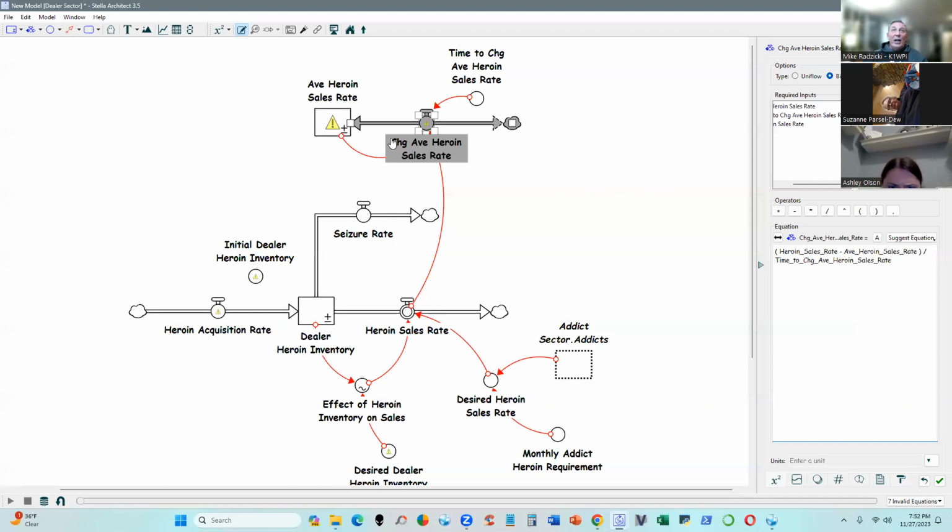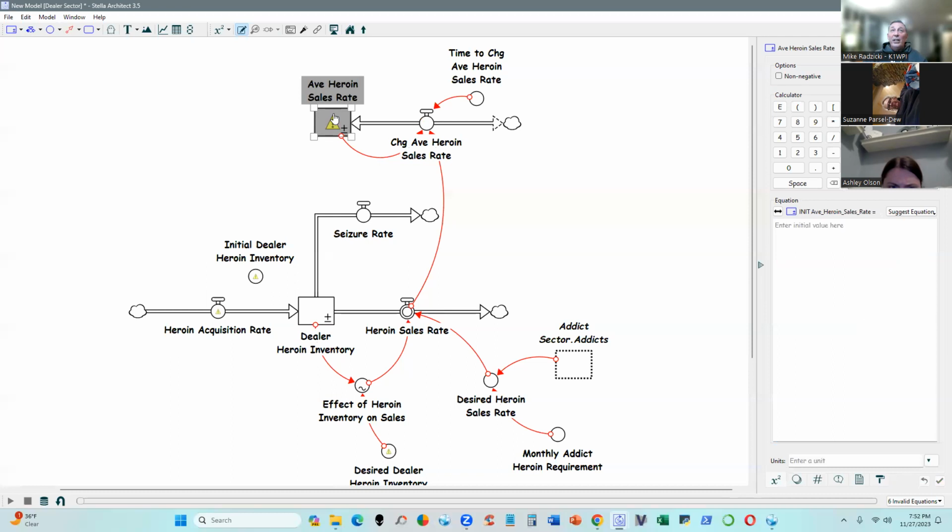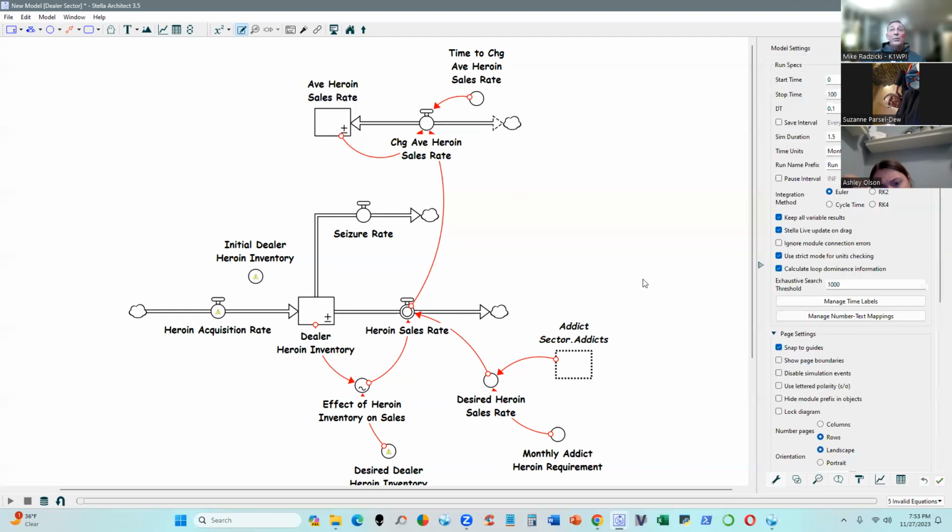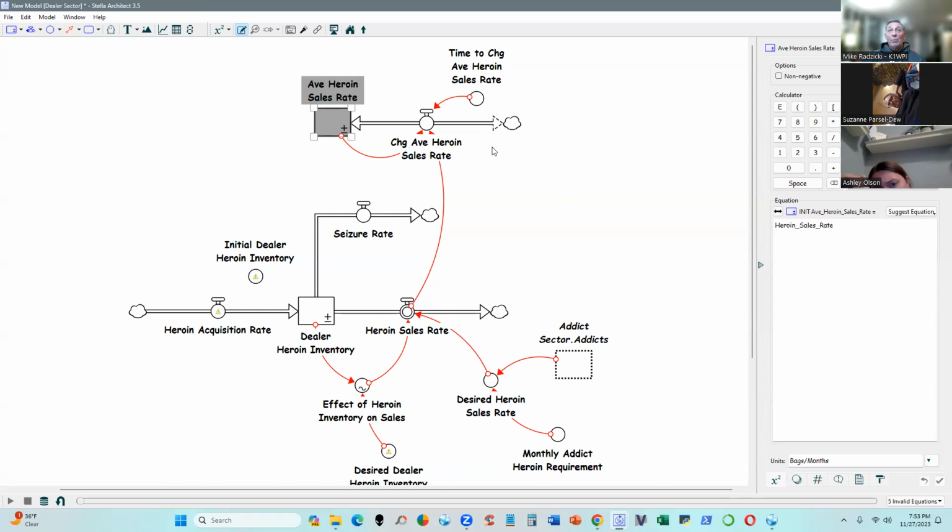And I'd like to initialize outside here, but there's really no need in this case. So the initial value of the average heroin sales rate is the heroin sales rate. It starts that way. So this would be bags per month. So over here, this is going to be bags per month.